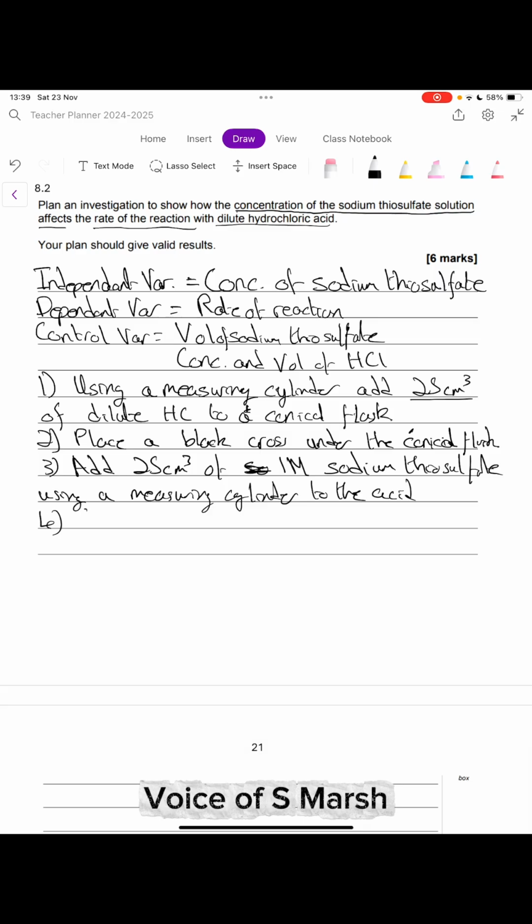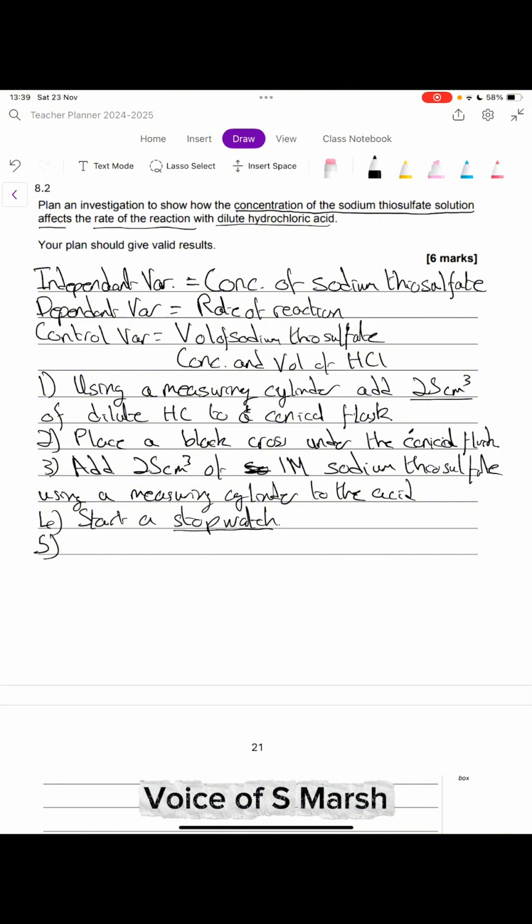Step 4, start a stopwatch. Again, we're stating the piece of equipment. We don't just say time the experiment, we say what piece of equipment we're using.